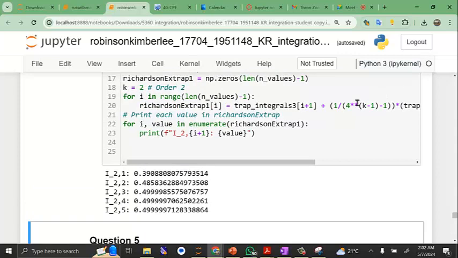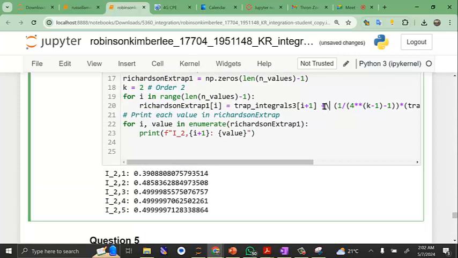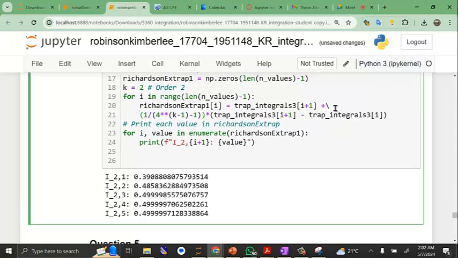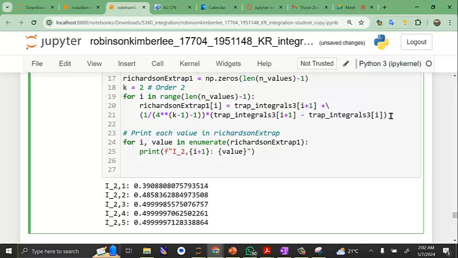Now, I was claiming that we don't actually need a loop here. Because we have the trapezoid values, and here k is 2. So I'm thinking that I'm going to do an alternative here, and I'll say RE2, just for Richardson extrapolation 2.